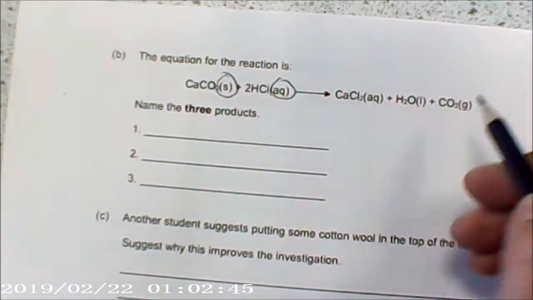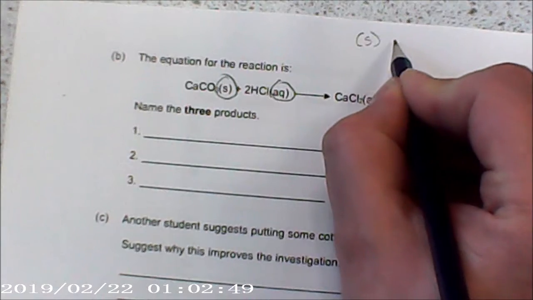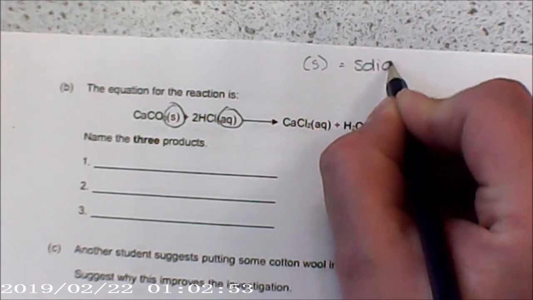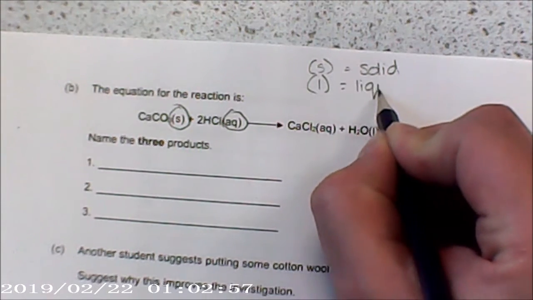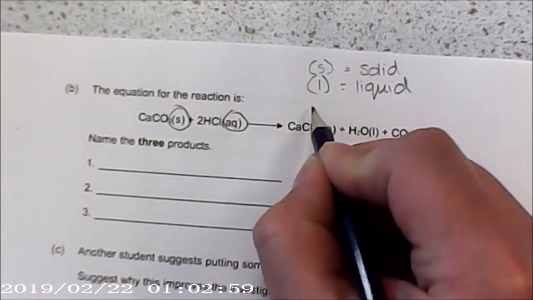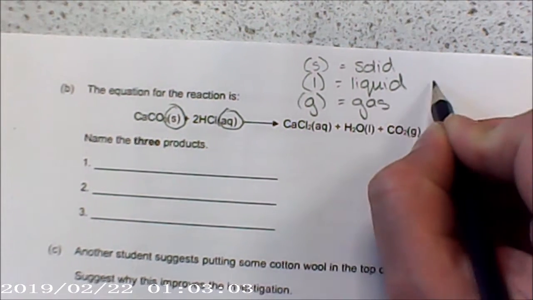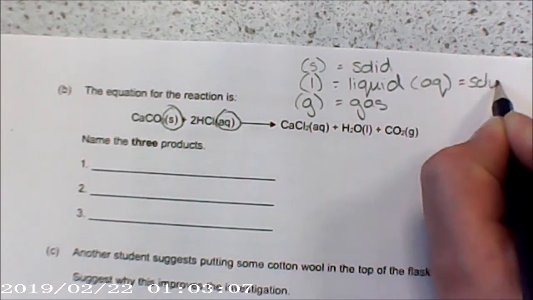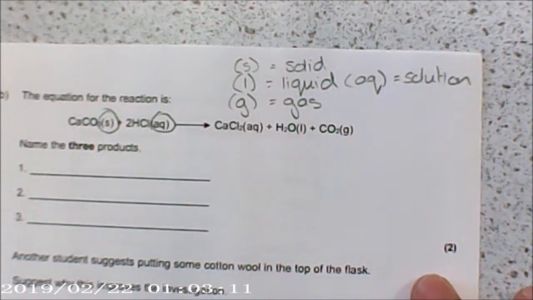These are called state symbols. So if it's got brackets S, that means it is a solid. If it's L, it means it is a liquid, but that has to be a pure liquid. G is a gas, and AQ is a solution. So if it's dissolved in water, then it's going to be AQ.